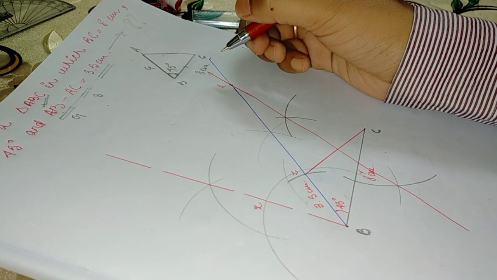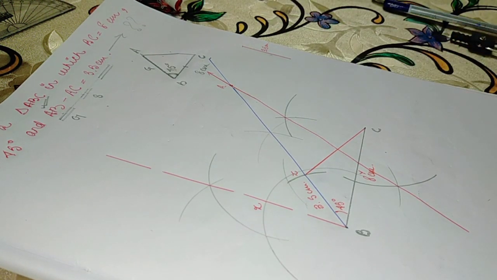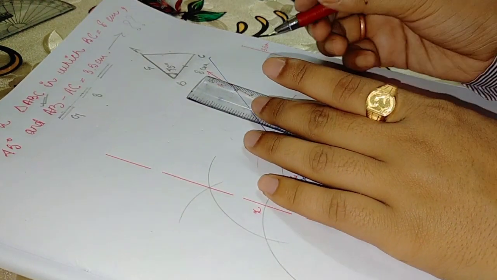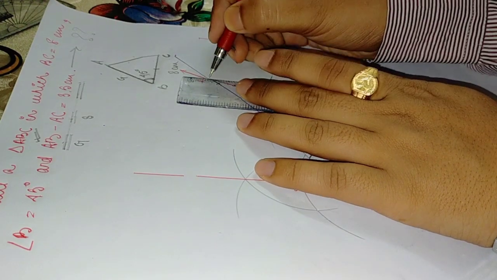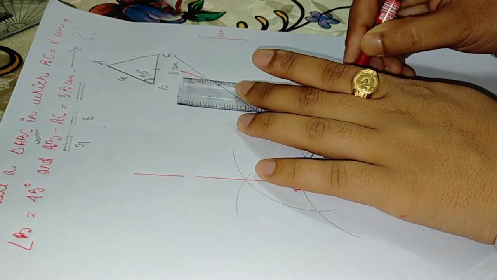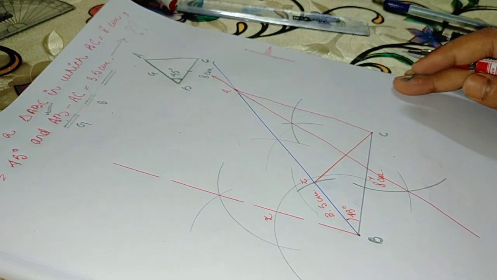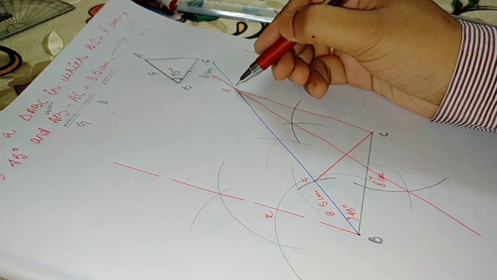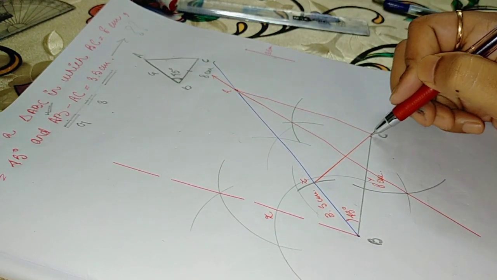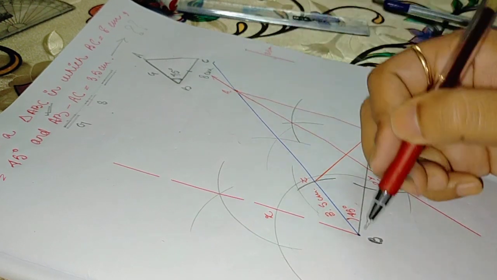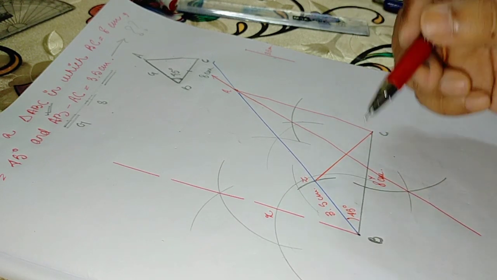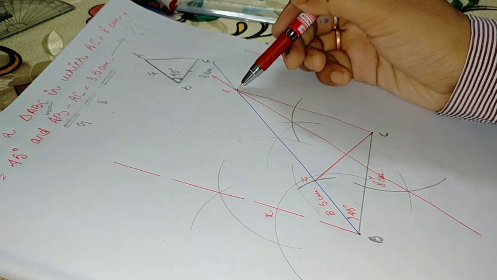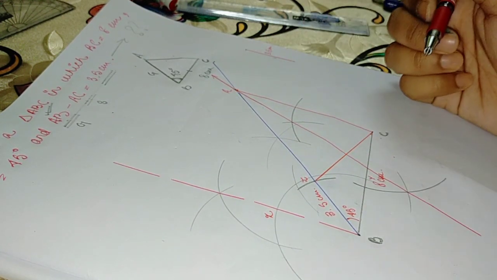Is that clear? Now join AC. ABC is our required triangle, and if I subtract AC from AB, I'll be getting how much?